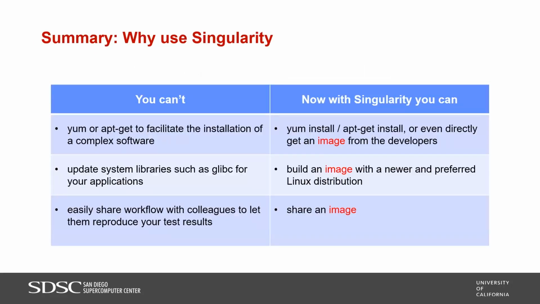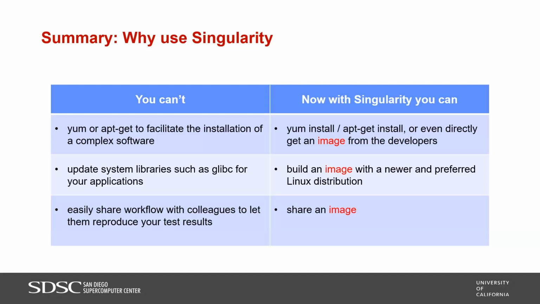Okay, so here's the summary of why we use Singularity. Before Singularity, you could not use yum or apt-get to install software, and you could not update system libraries such as glibc for your applications, and you could not easily share the workflow with colleagues to let them reproduce your test results.